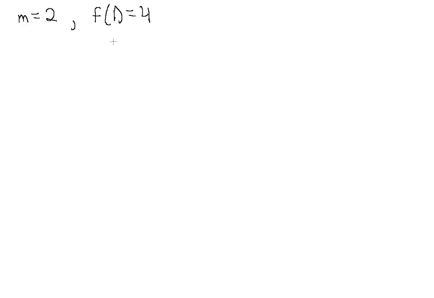Now f of 1, all that means is we have f of x, and we plugged in 1 for x. So what this means in this particular example is x equals 1 and then y equals 4. Okay, we're actually given the slope of a line or function as well as a function evaluated for a particular value of x.